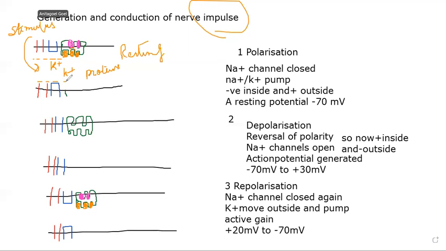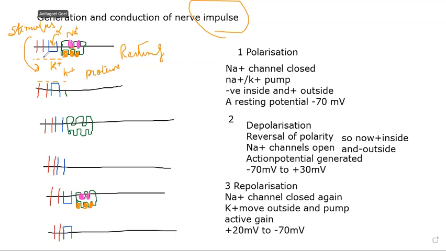Now you can see the ion channels here. The red color ion channels are for the potassium and the blue color ion channels for the sodium. I think you can notice this very well, that during the resting stage, the channels for the sodium ions are closed. So sodium ions cannot move inside the axoplasm.